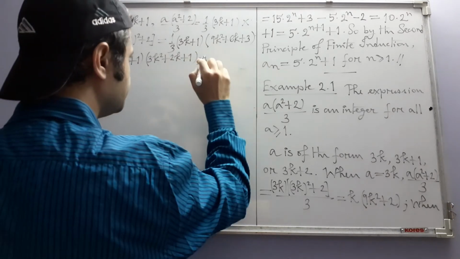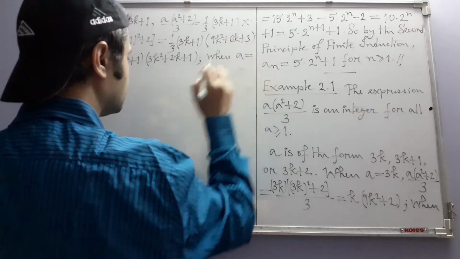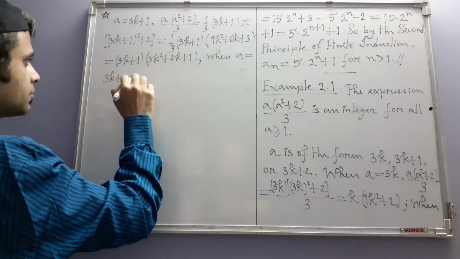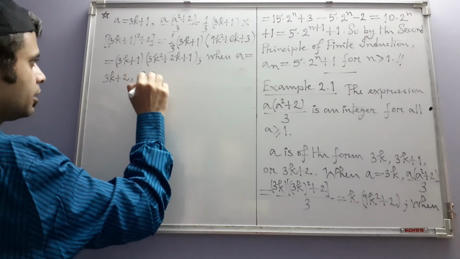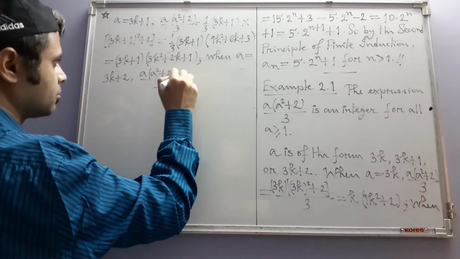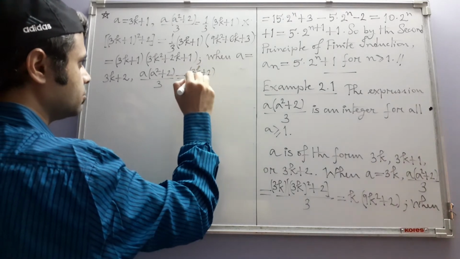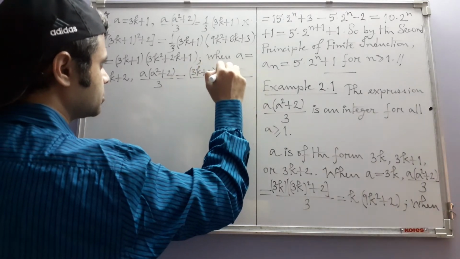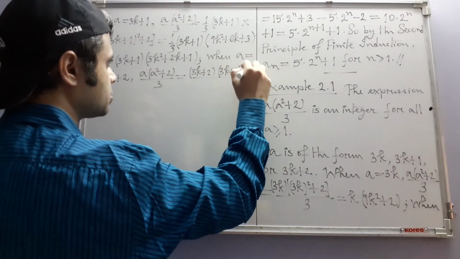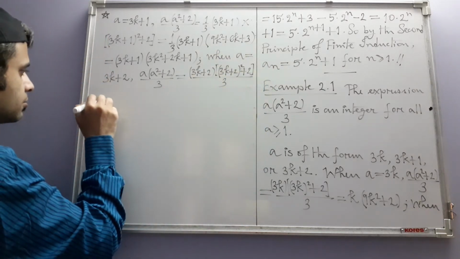And finally, when a is of the form 3k plus 2, then a times a square plus 2 divided by 3 becomes 3k plus 2 times 3k plus 2 whole square plus 2 divided by 3.